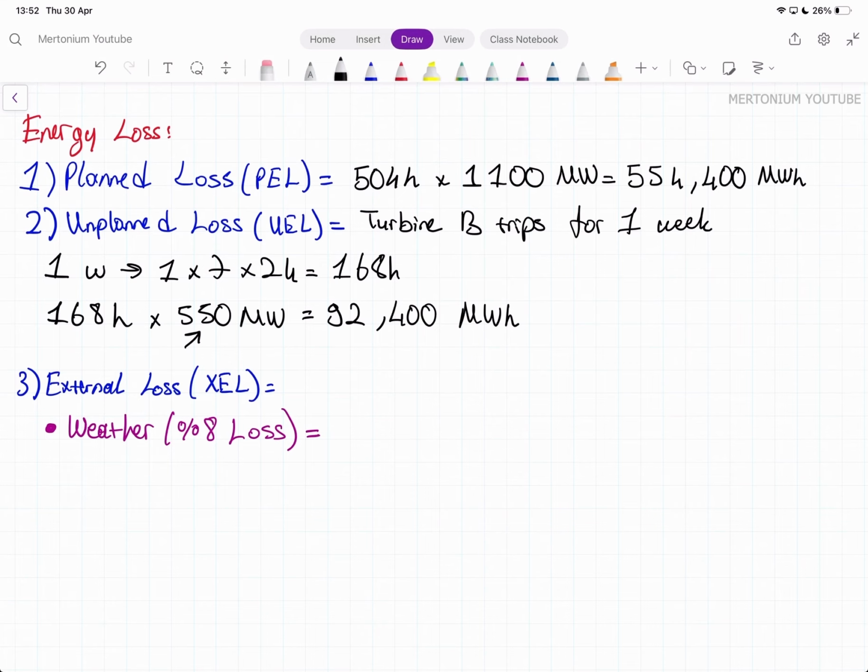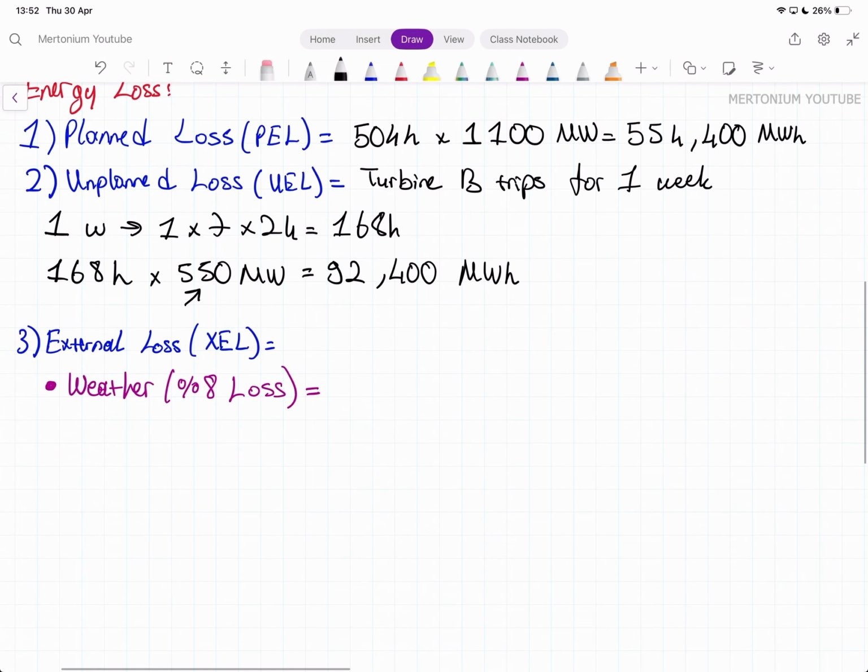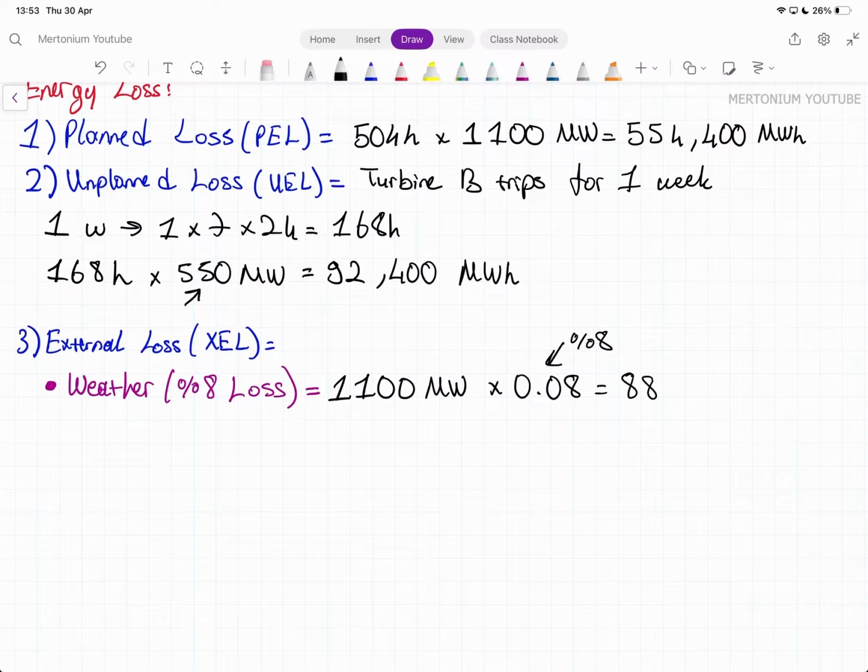If we quickly calculate this loss, we have normally 1,100 megawatts power when the NPP operates at 100% power times 0.08, which is for this 8% loss, we get 88 megawatts loss.